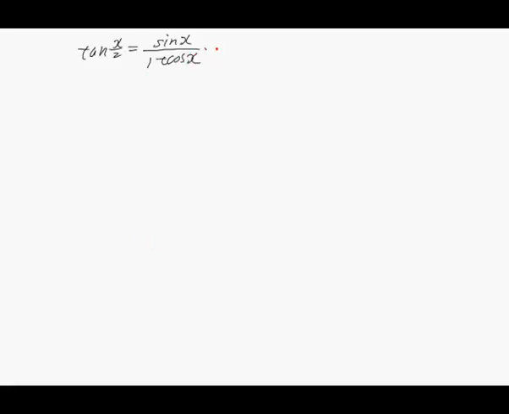And we can multiply both the numerator and denominator by 1 minus cosine x. Then in the denominator, we have 1 minus cosine squared x, right? a plus b times a minus b equals a squared minus b squared. And in the numerator, we keep it in this factor form.